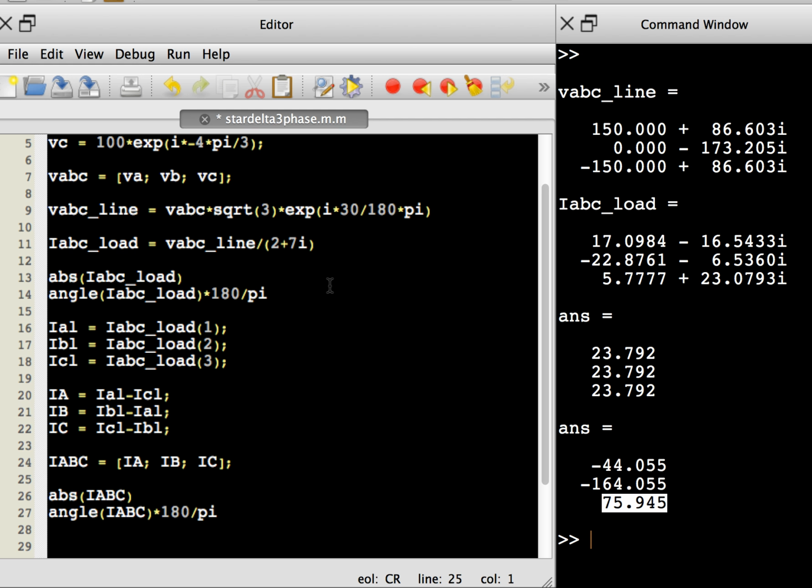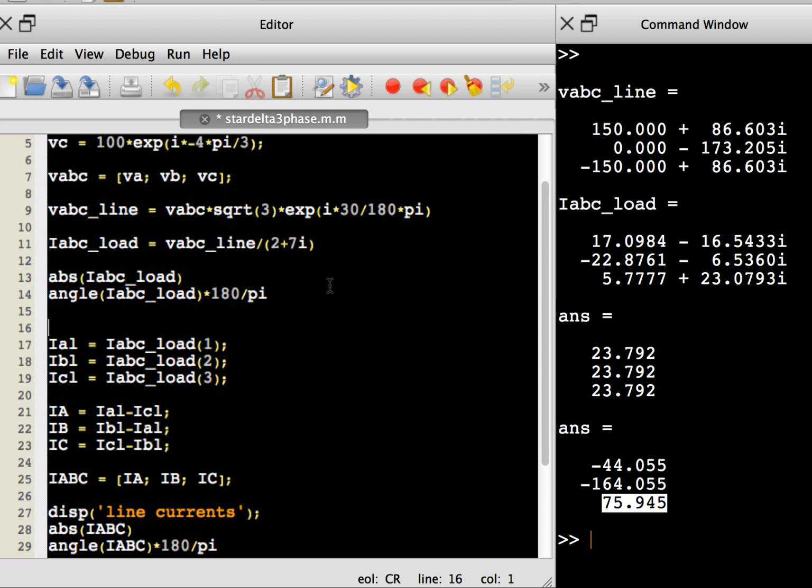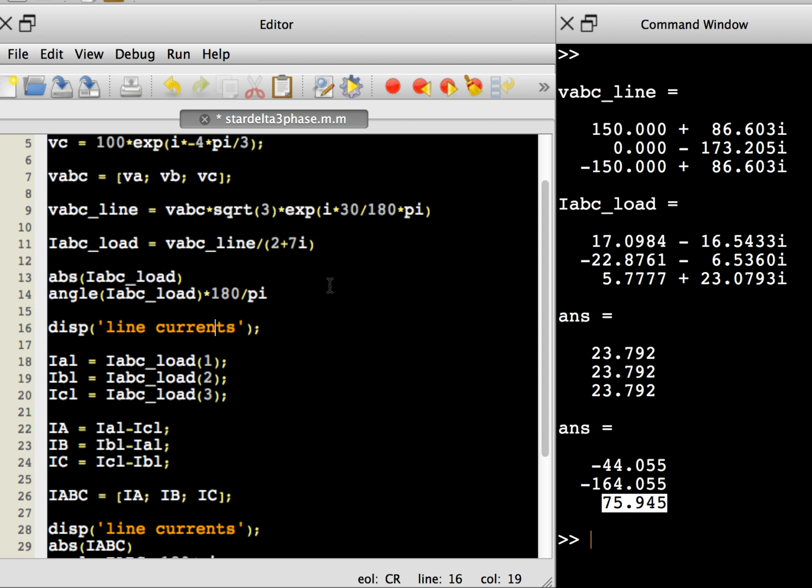Here I'll say disp line currents, just a message to display. Whereas these were load phase currents.